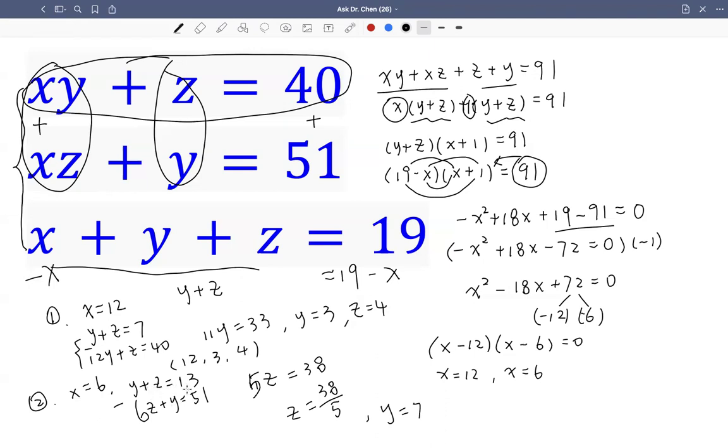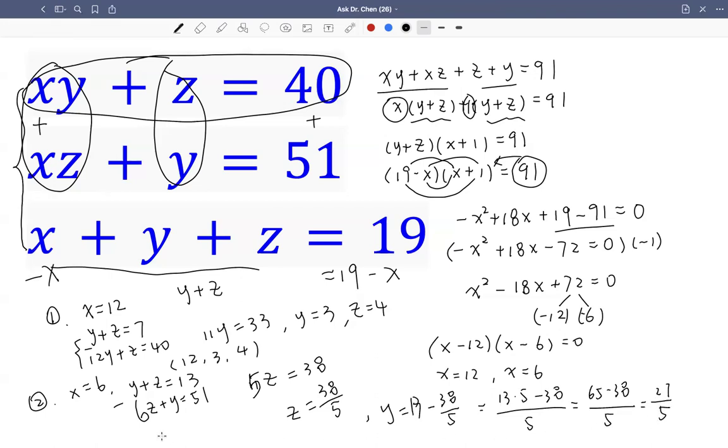Since y plus z equals 13, y equals 13 minus 38 over 5. 13 is 13 times 5, which is 65, then minus 38 divided by 5. So 65 minus 38 is 27, and y is 27 over 5.